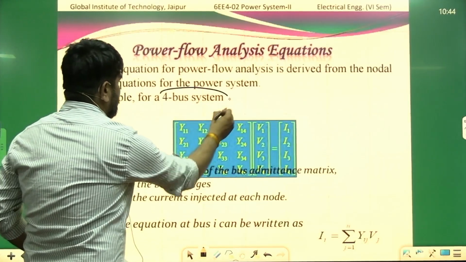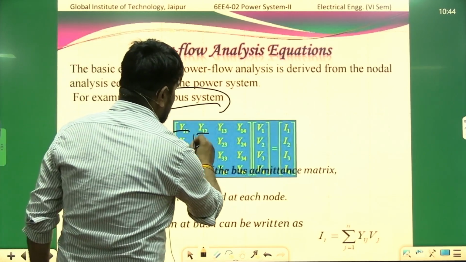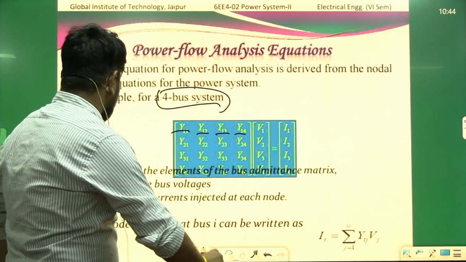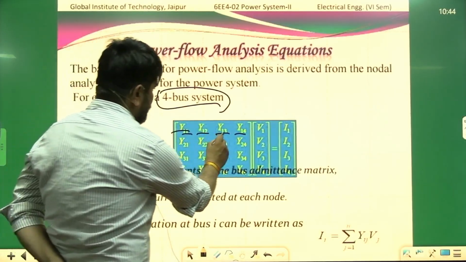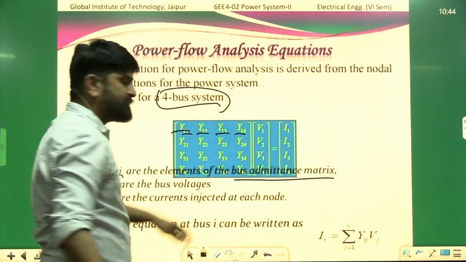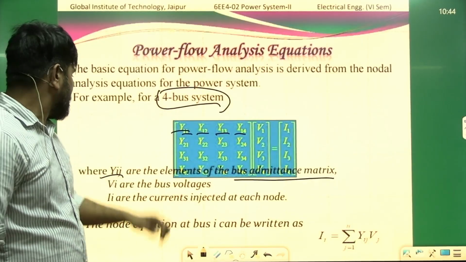Here is a 4 bus system: Y11, Y12, Y13 and Y14 are the bus admittance matrix elements. Then Vi are the bus voltages.